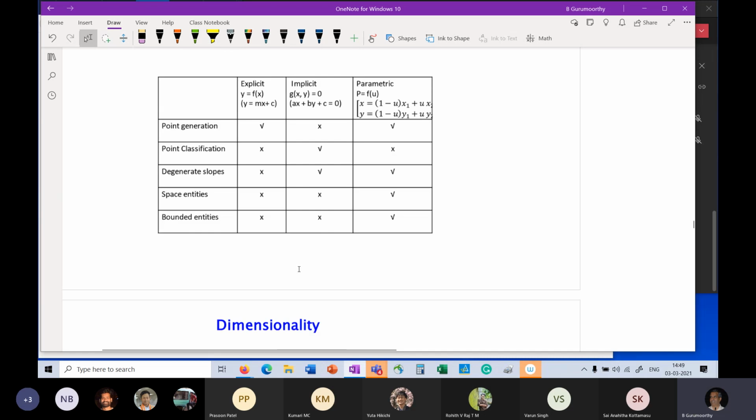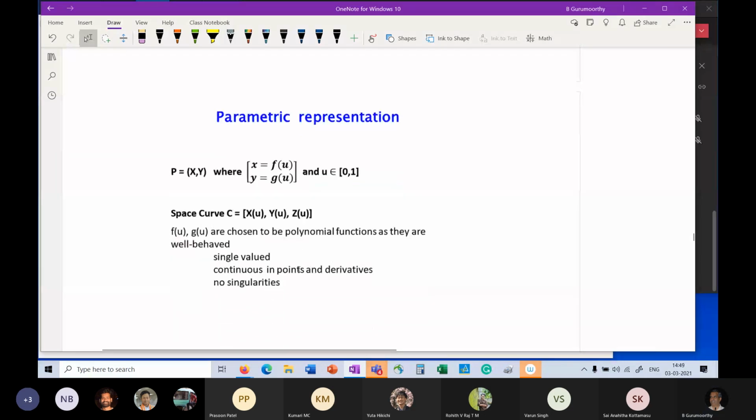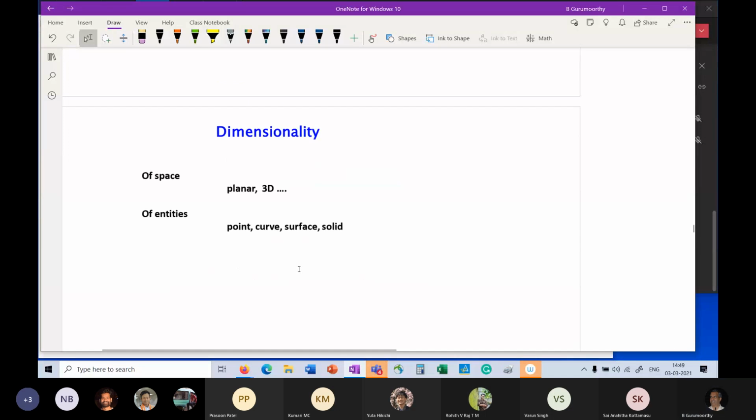Okay, now let me see, what do I want to do next? Okay, let me just bring this distinction clear in your mind, because it will keep coming up as we go through this class, and that has to do with what we will be referring to as the dimensionality.